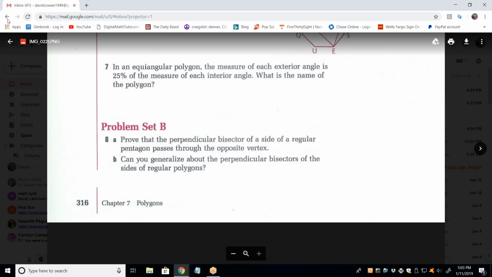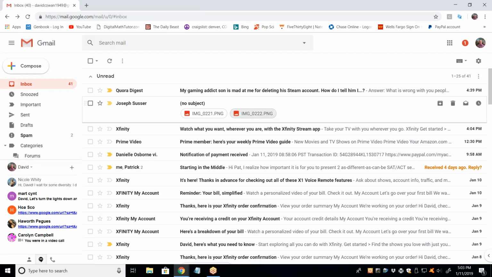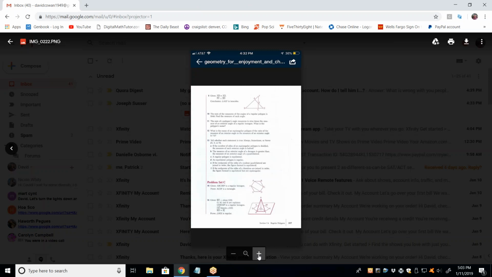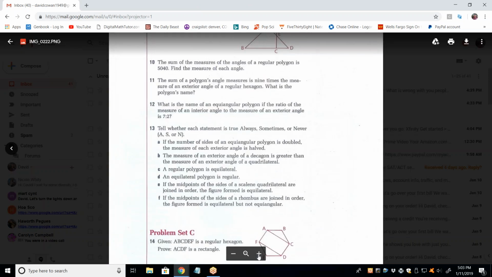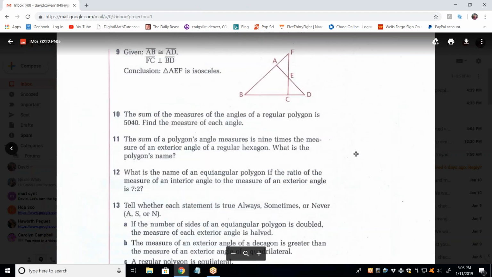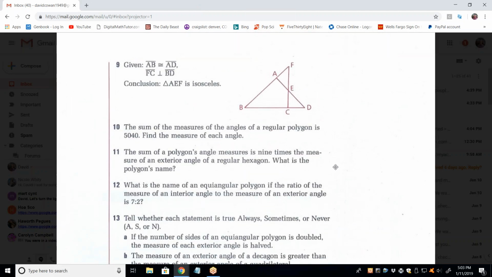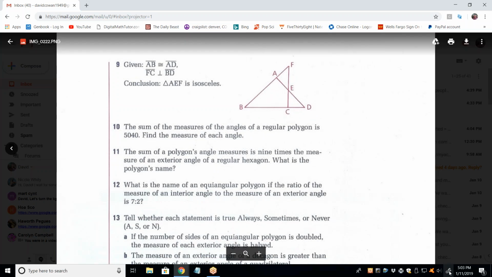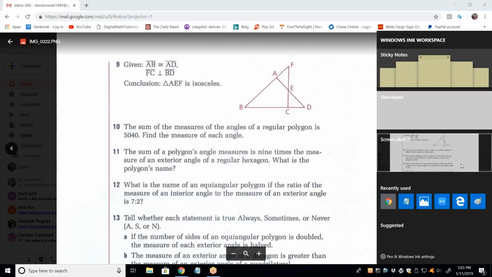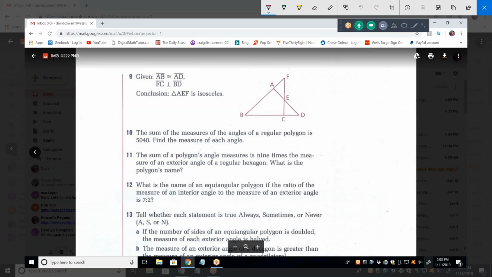Let's have a look at the other picture here. So that's a right angle, and we know that that is the same as that.